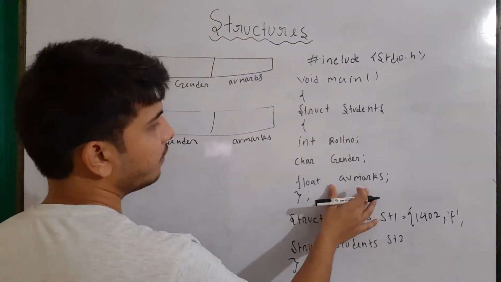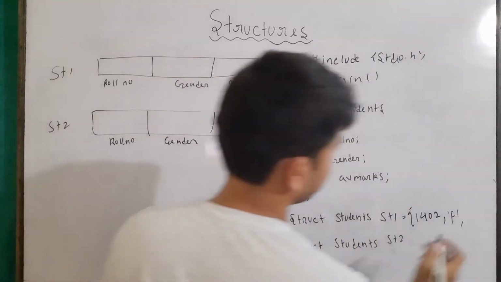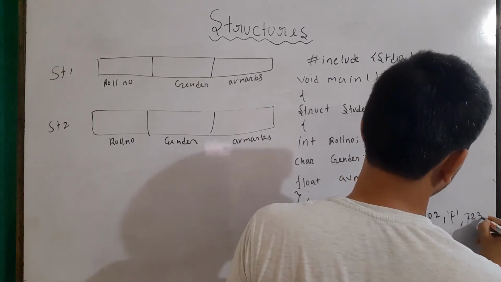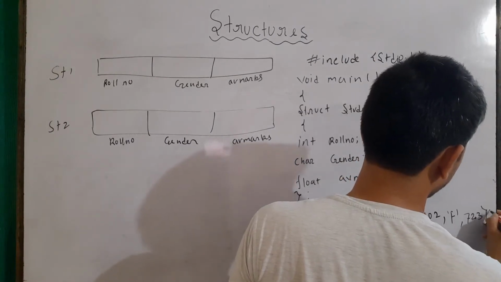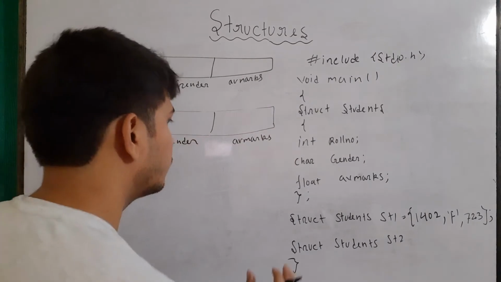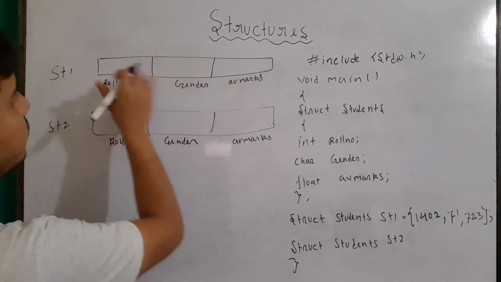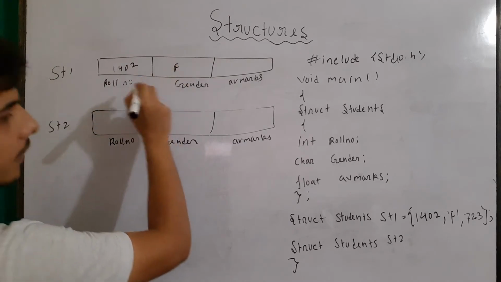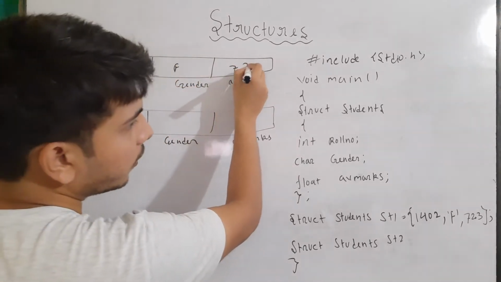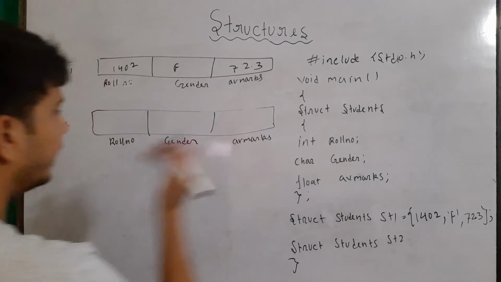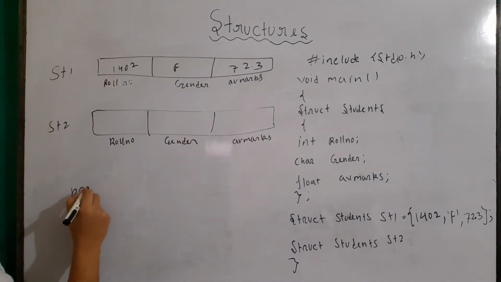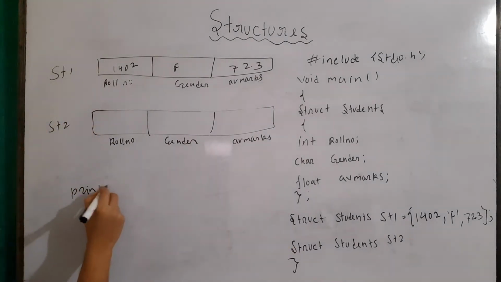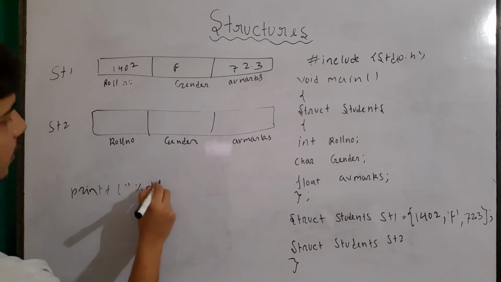And let's say the average marks is 72.3, so I'll write here 72.3, okay? Then close curly braces and semicolon. So now these values will be 1402 and then character f and then 72.3, okay?